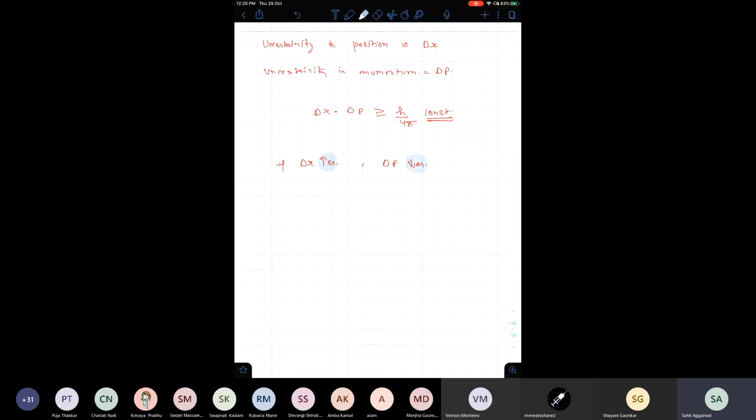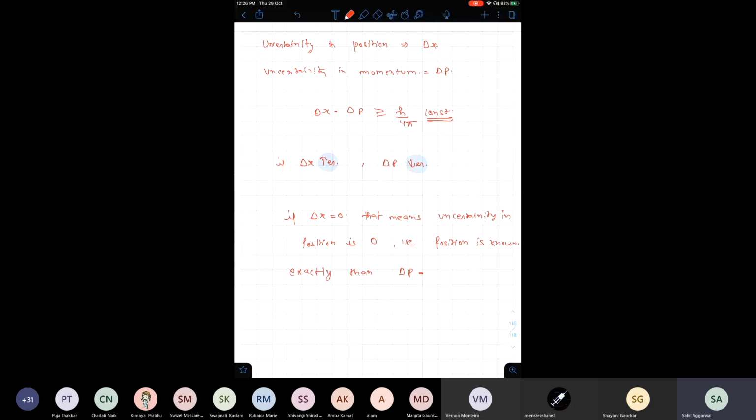If delta x is zero, that means uncertainty in position is zero, that is position is known exactly, then delta p will be infinite.